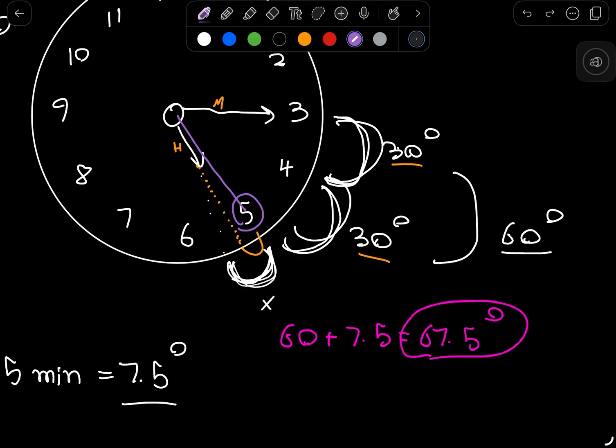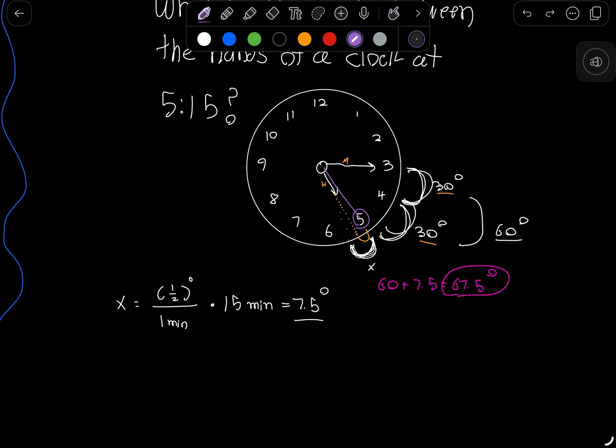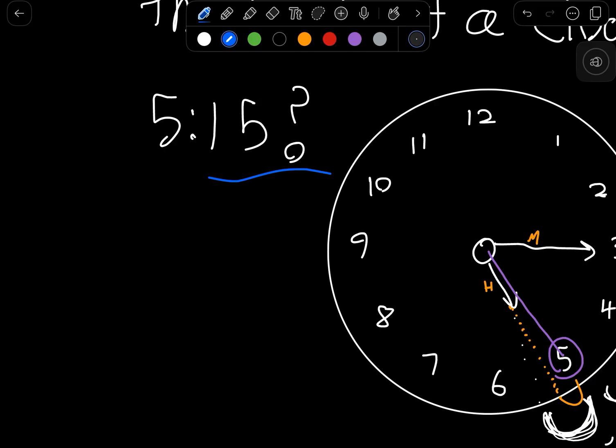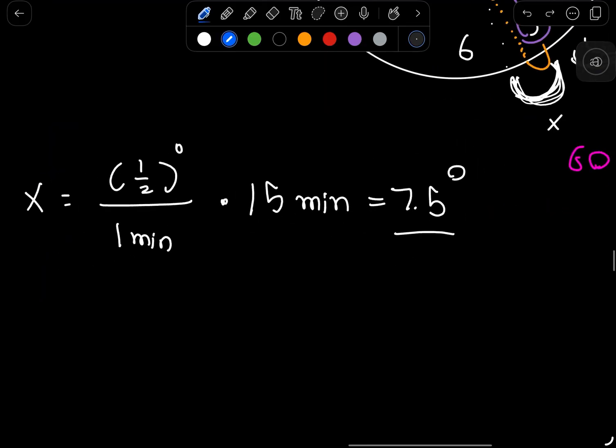There's a formulaic way to do this. Essentially, you look at the minutes they give you, and in this case it's 15, so it's 15 minutes after 5 o'clock. You take that 15 and multiply it by 1/2, and you get 7.5.